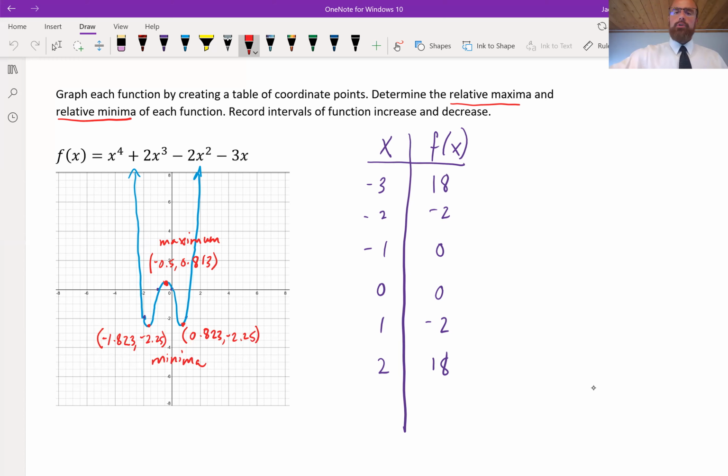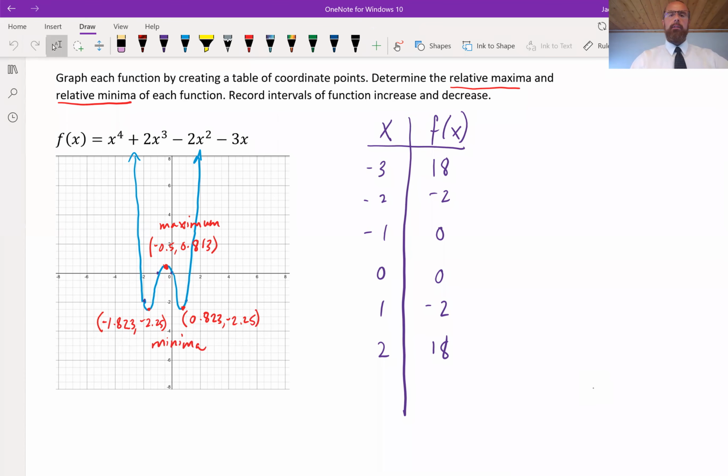To complete this question, all we got to do is record the intervals of function increase and decrease. So like we did on that first example, what I want to do is pick up with the green to describe intervals of increase. And first, what I want to do is just highlight them in the green.